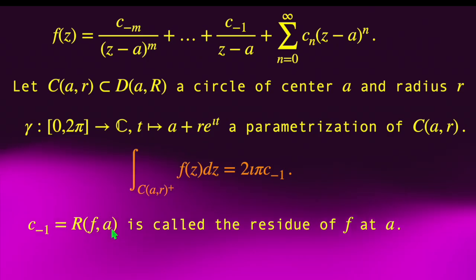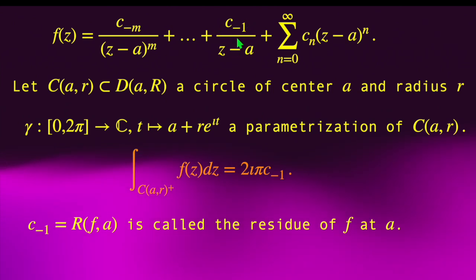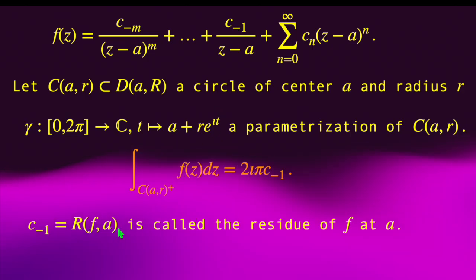So what we have done: we consider the meromorphic function, we consider its Laurent expansion near a singularity a, and we define this coefficient as the residue of f at a. And we have this beautiful formula.